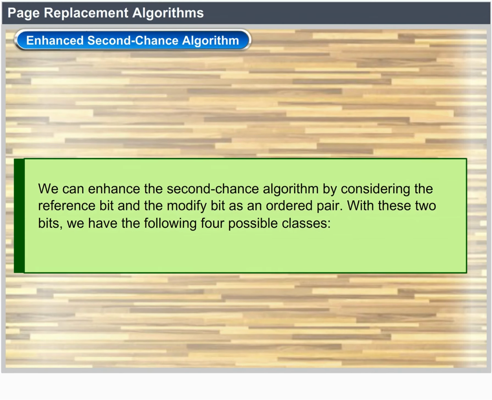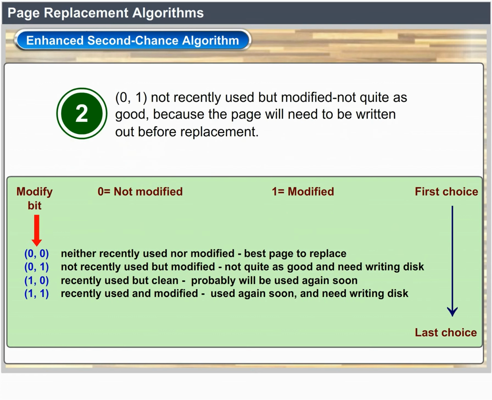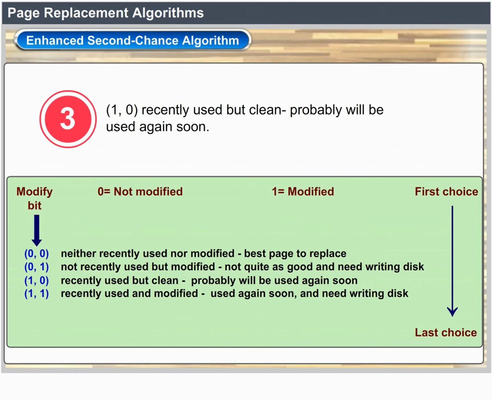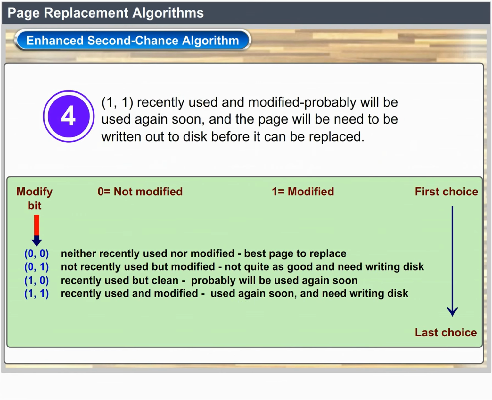With these two bits, we have the following 4 possible classes. 00, neither recently used nor modified, best page to replace. 01, not recently used but modified, not quite as good because the page will need to be written out before replacement. 10, recently used but clean, probably will be used again soon. 11, recently used and modified, probably will be used again soon, and the page will need to be written out to disk before it can be replaced.